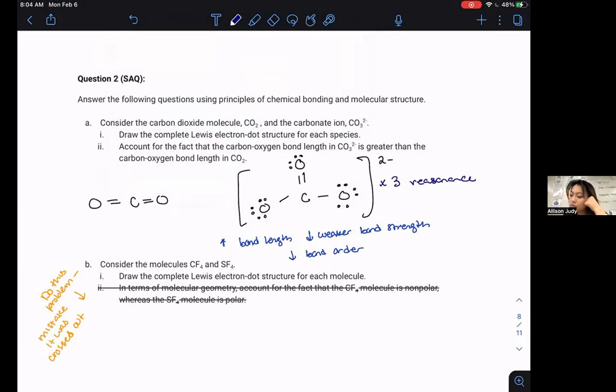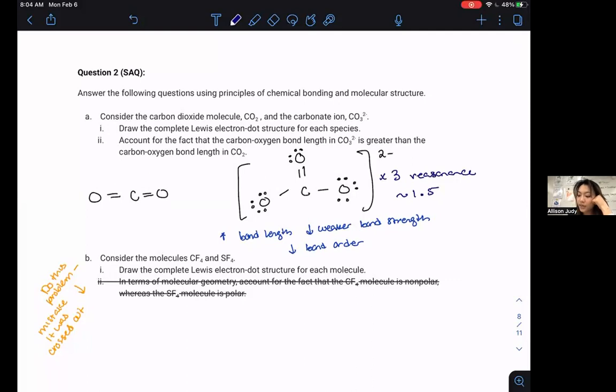And so what we see is when we have a resonance where we can move that double bond around, we get a bond order between a single and double, which is about a 1.5, representing a single and a half double bond. And then with carbon dioxide, we have a double bond, and the bond order for this would be 2. So what we see is we have a higher bond order with CO in CO2 than we would with CO in carbonate.